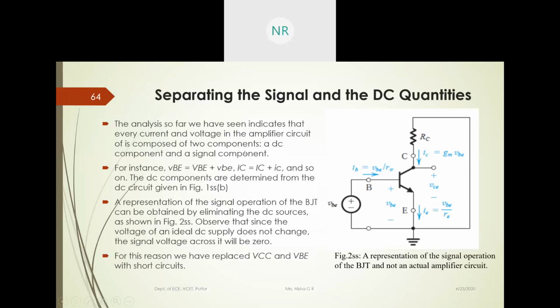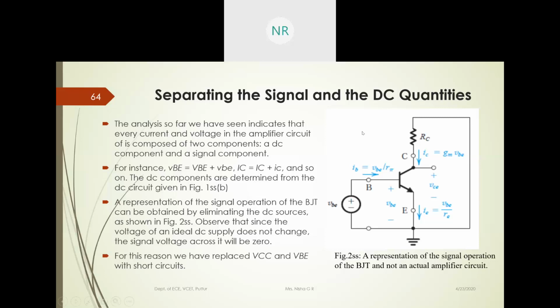So we can complete this particular topic, that is separating the signal and the DC quantities. Now we know 3 different figures. The first figure, which I'm showing in this slide, does not consider the DC components, so it is a representation of the signal operation of the BJT and not an actual amplifier circuit; it consists of only the signal component.